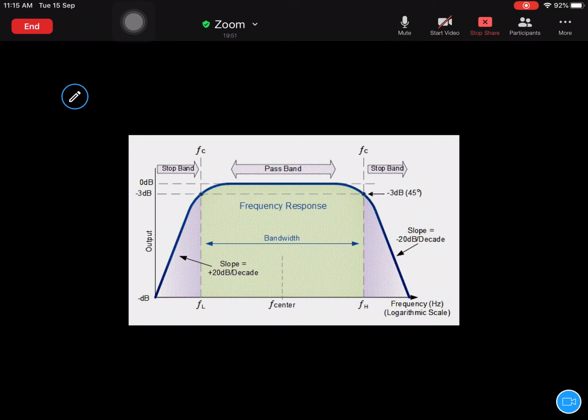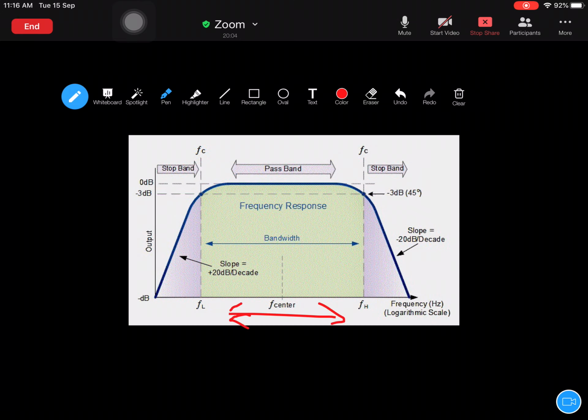And next we have also discussed different ranges of frequencies. One is mid band, or pass band, which in this case is called mid range. In mid range you generally get the maximum amount of gain.